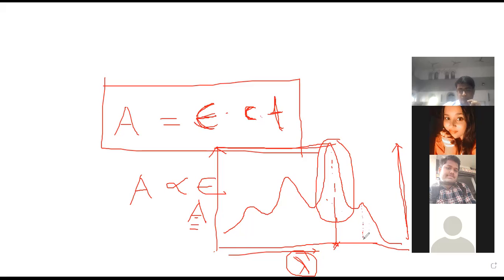Okay, so what does it signify as far as this epsilon value is concerned?